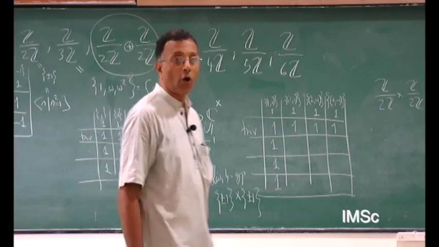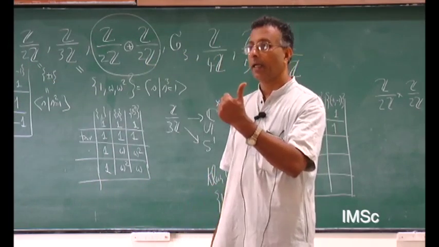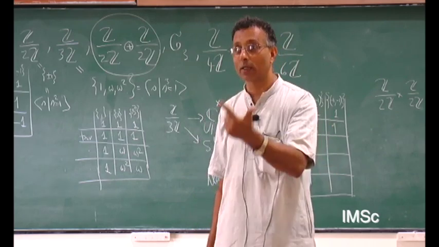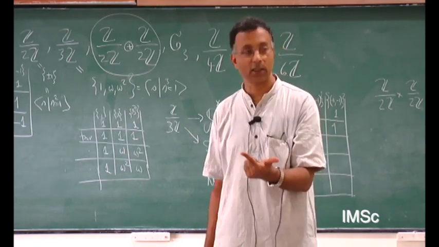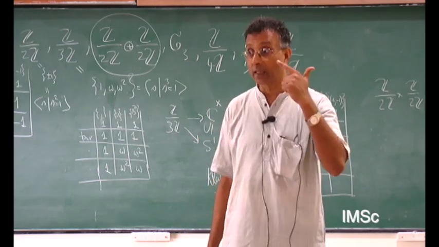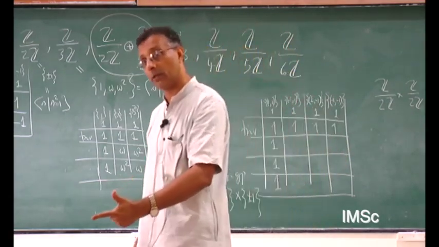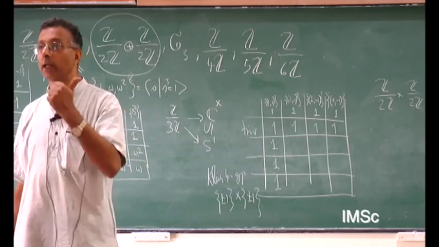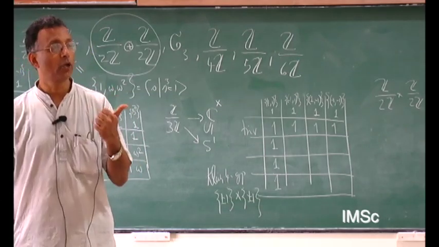So, S squared equals 1, T squared equals 1 are the two relations I must make sure that I satisfy. And conversely, if I make sure that those relations are satisfied, I do get a representation. It's an if and only if condition. So, S squared equals 1 means how many choices does S have?